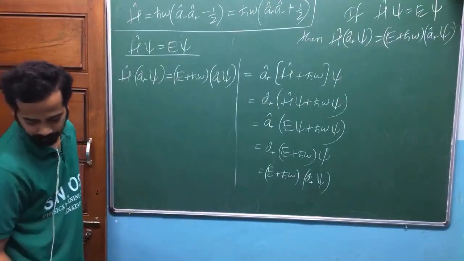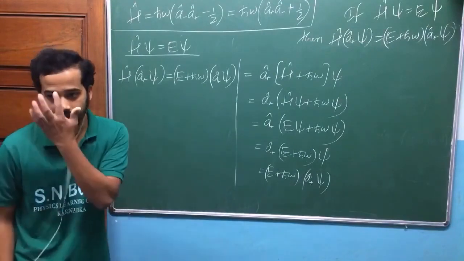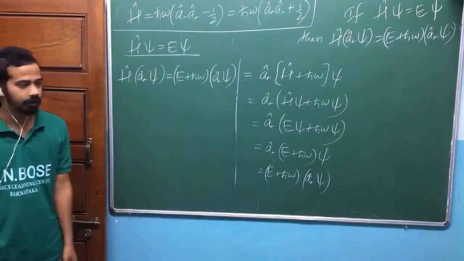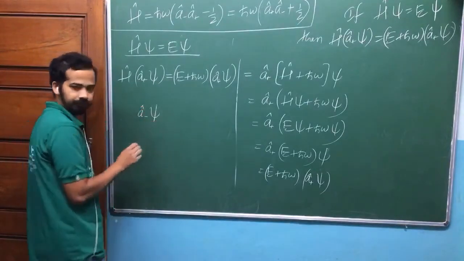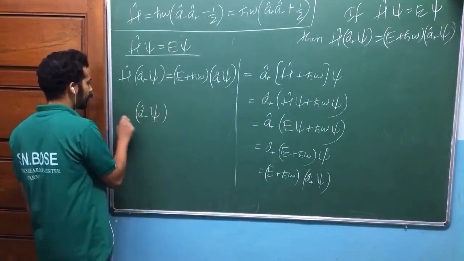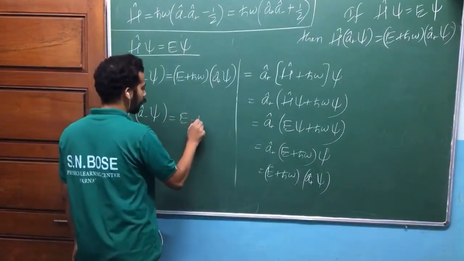So similarly, we can make one more statement. I'll not write it as a statement, I'll write it mathematically. If you operate a minus cap on psi, it is such a state that it is a solution of Schrodinger equation with energy E minus h bar omega.